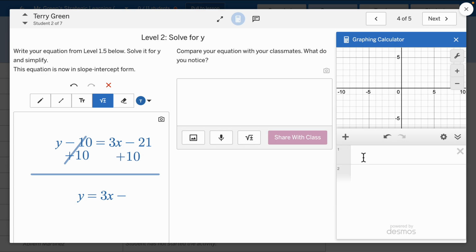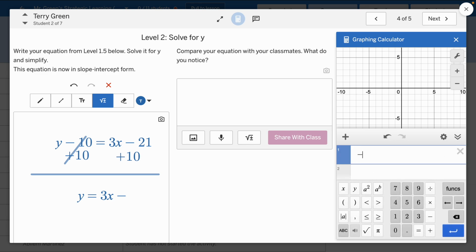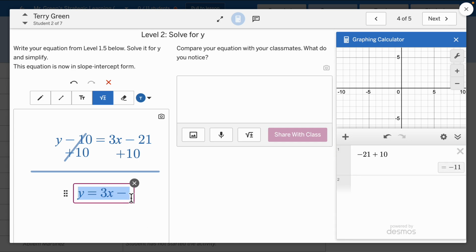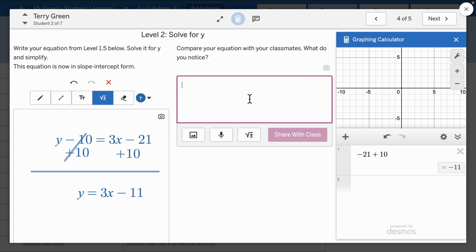There it is. I need negative 21 plus 10. That's negative 11. So it's going to be 3x minus 11. This is slope-intercept form. If I compare this with all my classmates, I should notice that the lines are parallel.